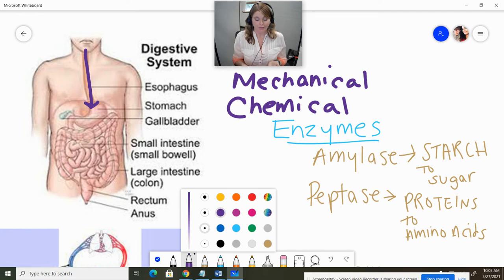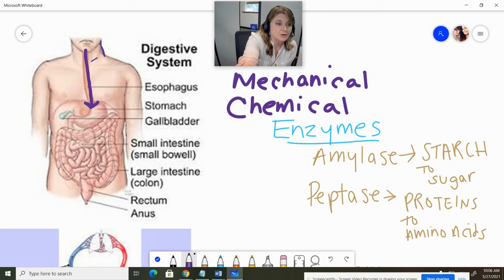I always like to think of it like trying to get the last bit of toothpaste out of the tube. I'm going to start at the top and squeeze until I can get it all the way out. That's what this muscle contraction is like.